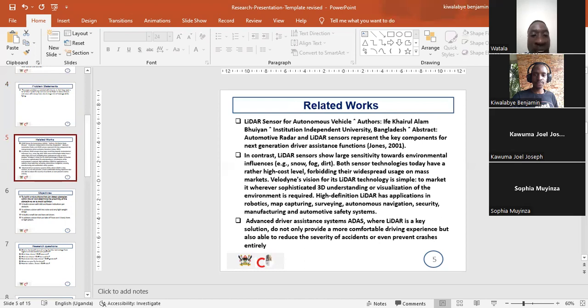Here is the related work. We have reviewed some of the literature and online resources regarding the work we are going to do. According to our research, in LiDAR Sensor for Autonomous Vehicle, the authors from Independent University Bangladesh stated that automotive radar and LiDAR sensors represent the key components for next generation driver assistance functions, as stated by Jones in 2001.